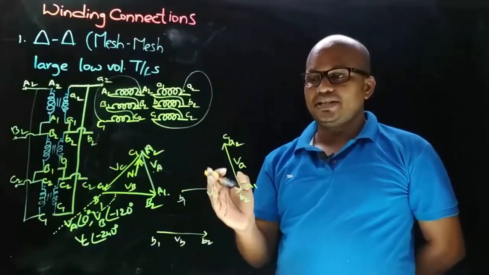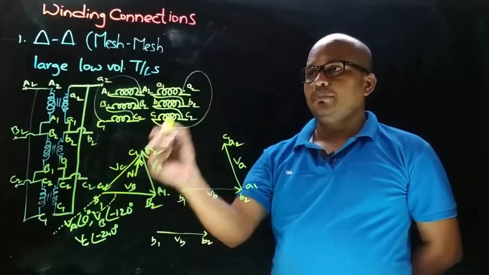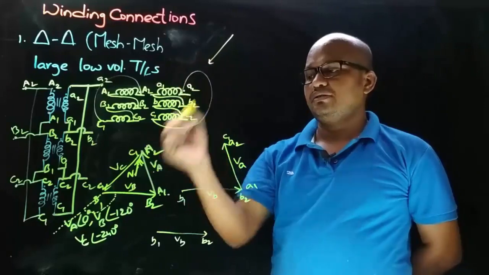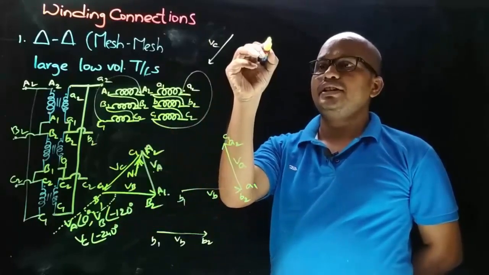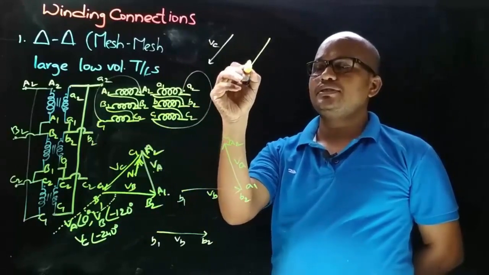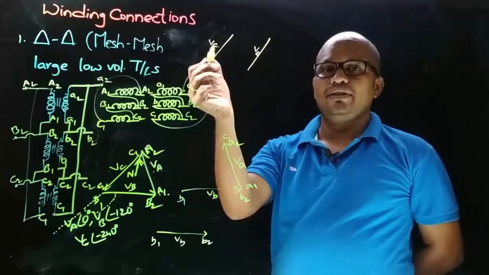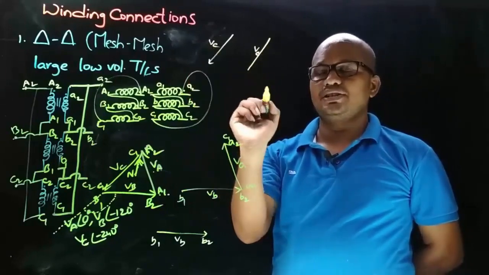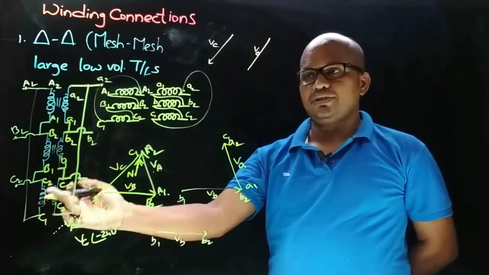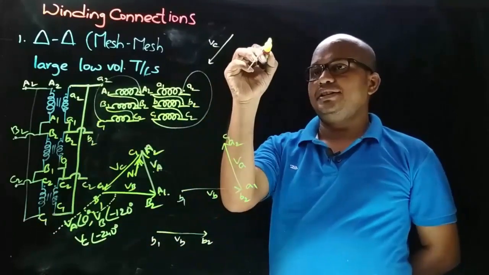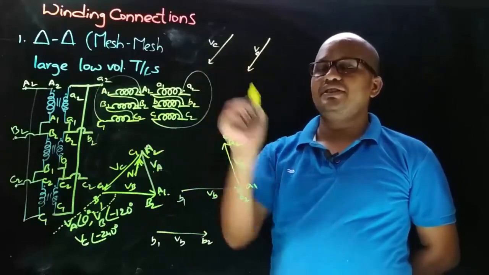And now to this secondary side VB phasor, we need to draw the secondary side VC phasor. The primary side VC phasor is in this direction, and the secondary side VC phasor will always be parallel to the primary phasor. And now we need to decide the direction, and here to these windings the connections are taken from dot ends. So the secondary side VC phasor will be in the same direction as that of the primary side VC phasor.